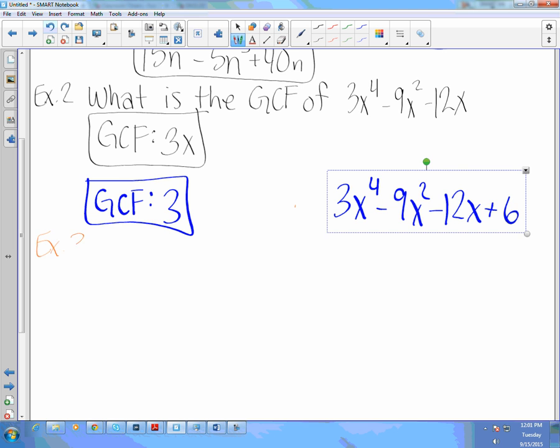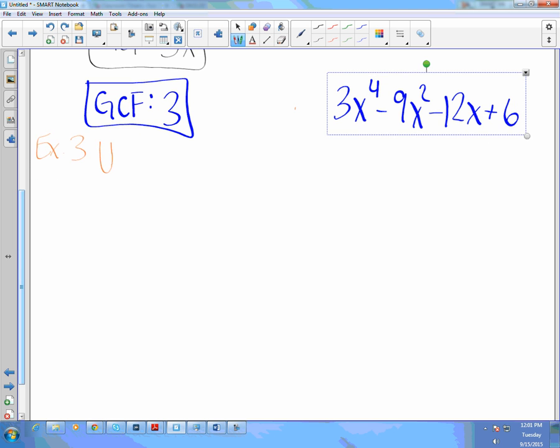Example 3. Use the GCF to factor the following: 9x to the 6th plus 15x to the 4th plus 12x squared.